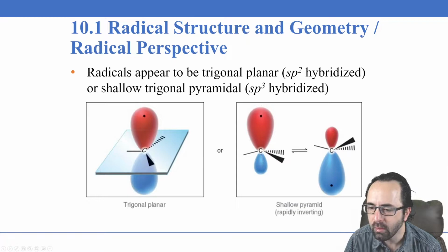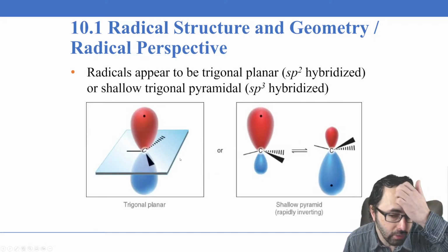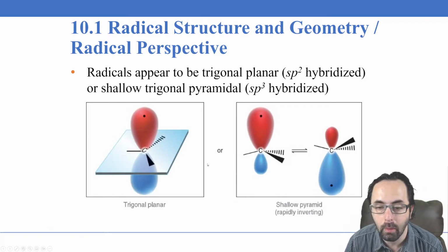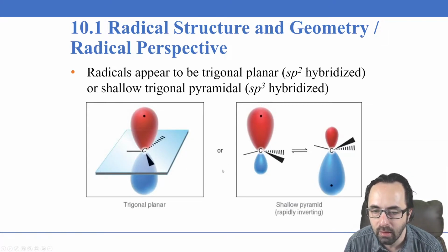So effectively, the shape is not quite trigonal pyramidal. It's like a shallow pyramid that's rapidly interconverting, so the shape is effectively the average between these two flipping pyramids. In terms of reactions, it behaves much like a trigonal planar molecule would, like a carbocation, in terms of its shape at least. In terms of its actual reaction, they'll differ quite significantly.